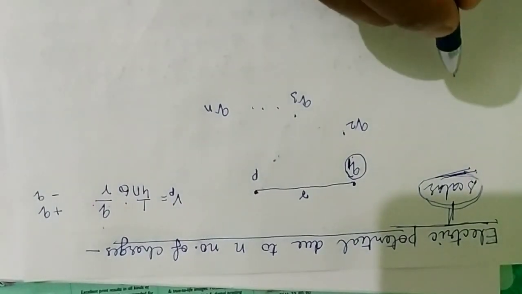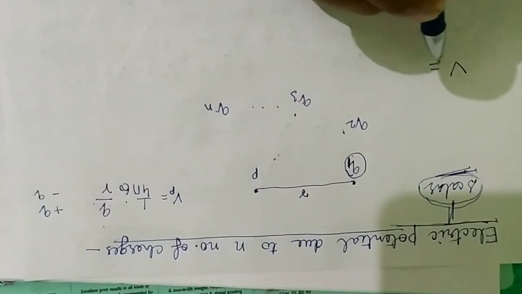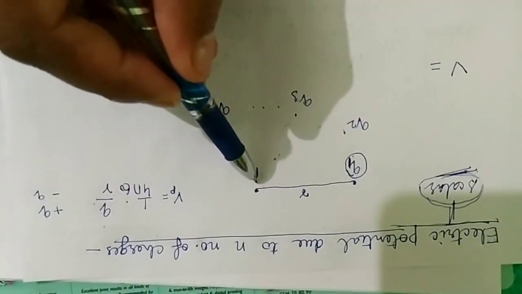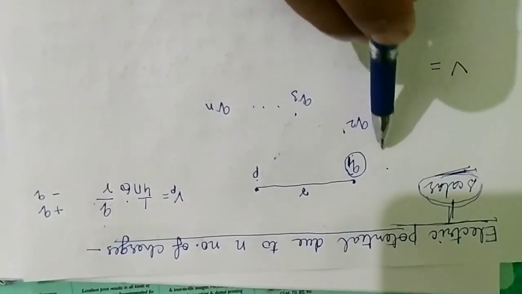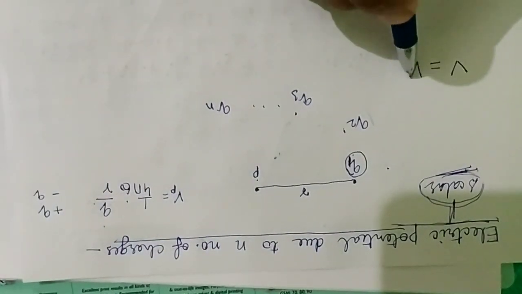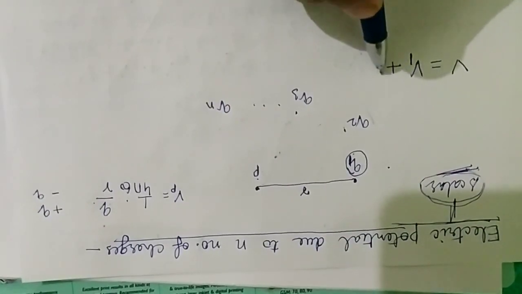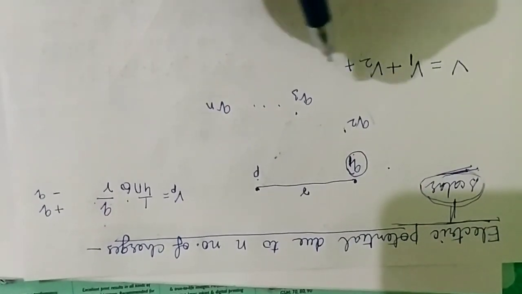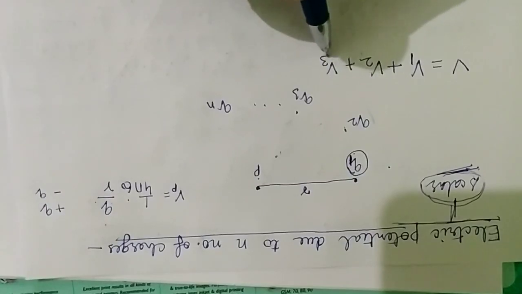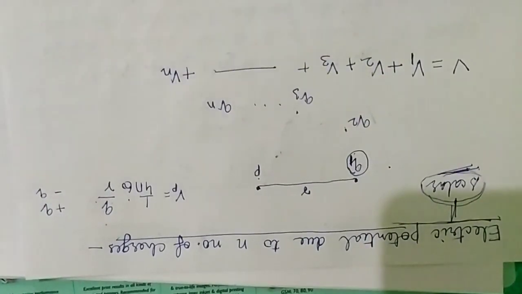So if we want to calculate the total electric potential at this point because of these charges, it will be the scalar sum of the individual electric potentials, that is V1 plus V2 plus V3 and so on plus Vn.